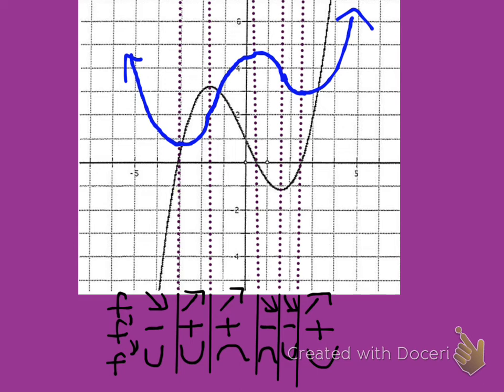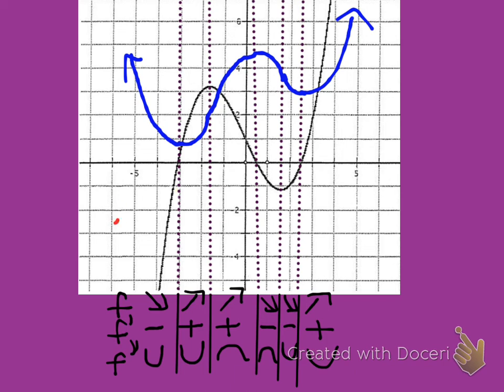Now, these are sometimes called a parent, or there's a parent of functions, because we don't know exactly where the points of this graph are. We only know the behavior of the graph.